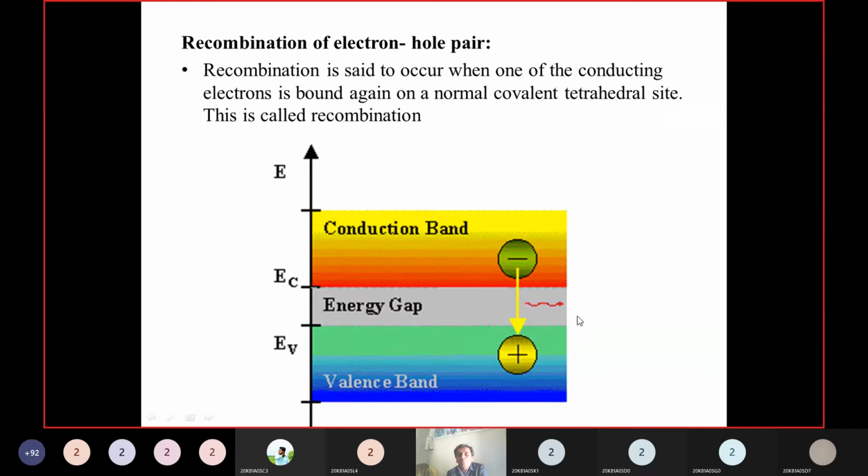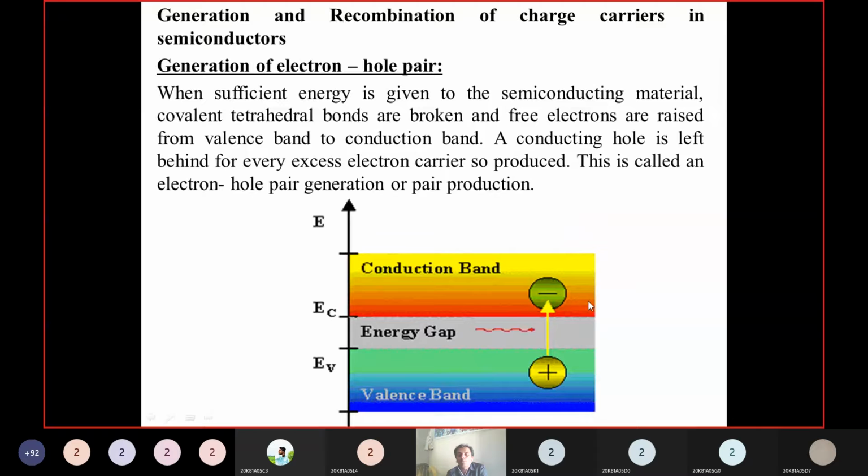Suppose the electron recombines with the hole. Then energy will be generated. In the previous process, energy is absorbed to move the electron from the valency band to the conduction band.